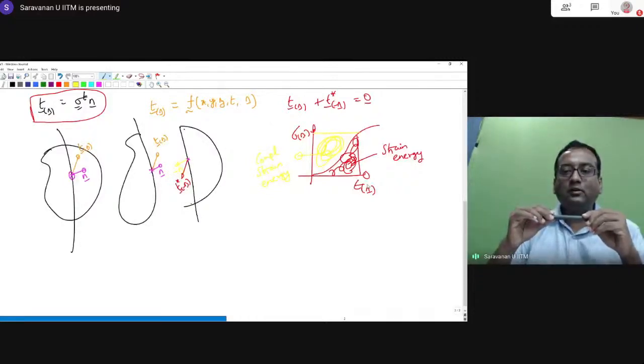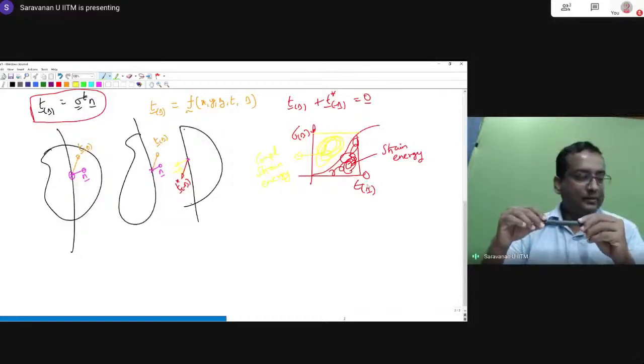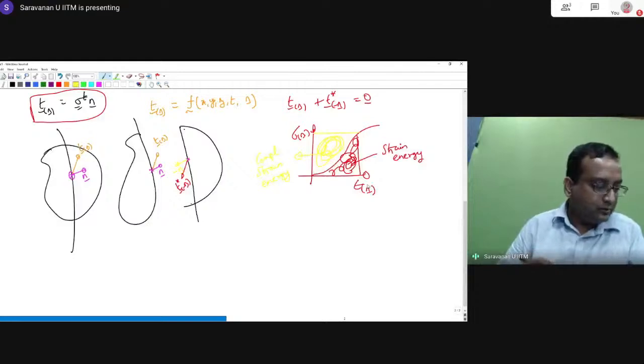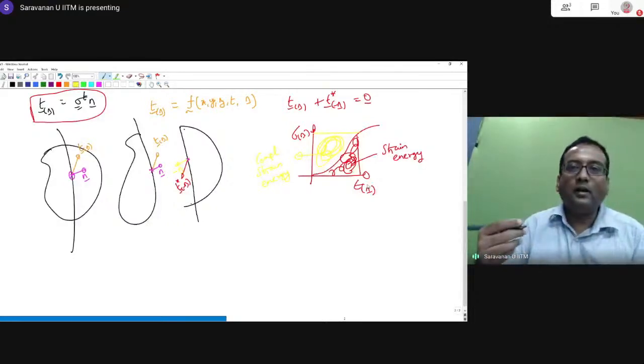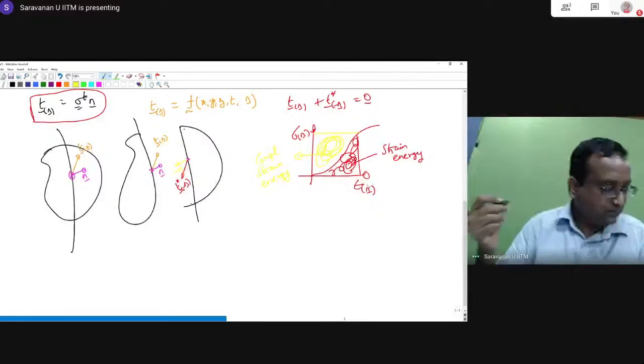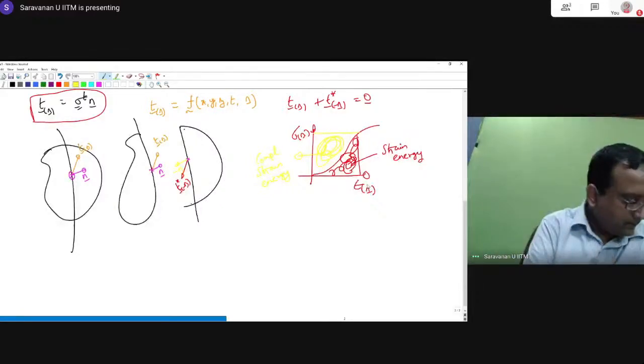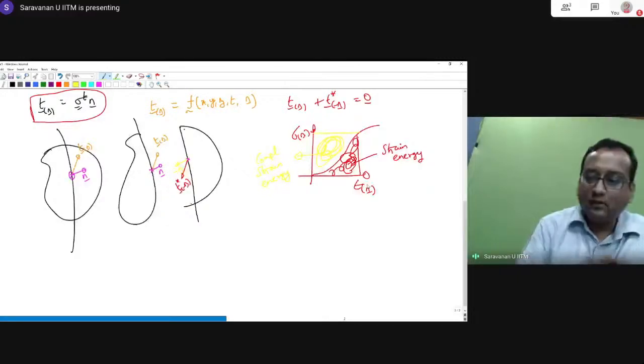So invariants are used to model the failure of a body or to come up with quantities which are devoid of dependence on the coordinate system. It doesn't change with coordinate systems.